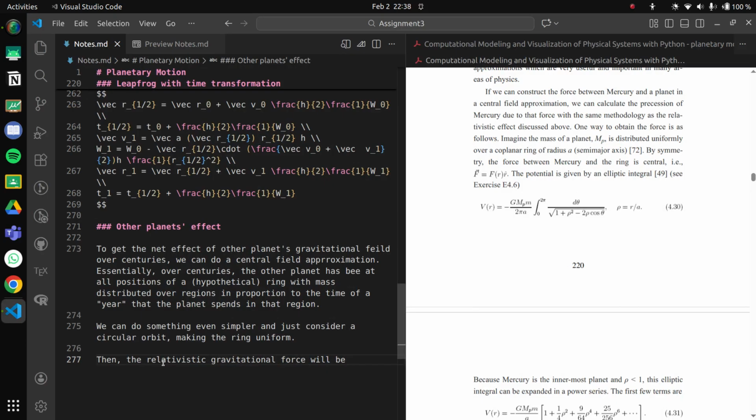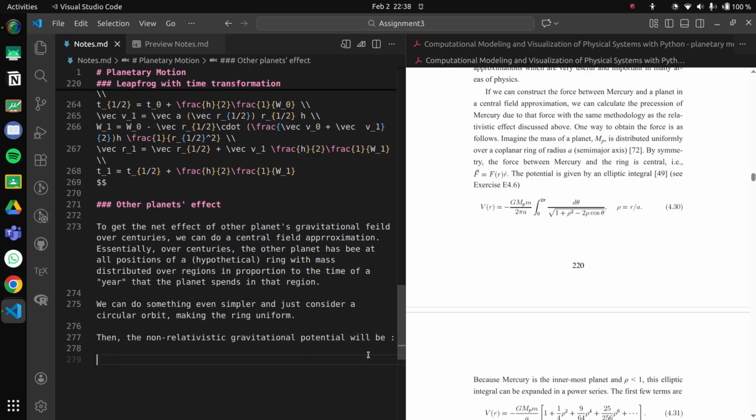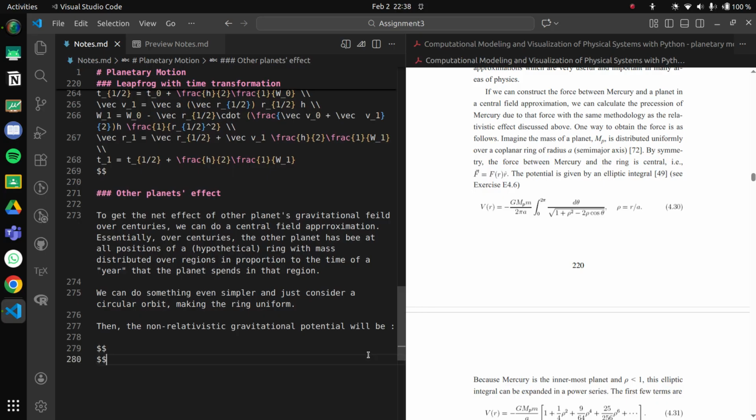So it's the non-relativistic gravitational force, gravitational potential actually, will be this thing. I'm just going to write out this exact equation, because it turns out this is probably the only way to do it.